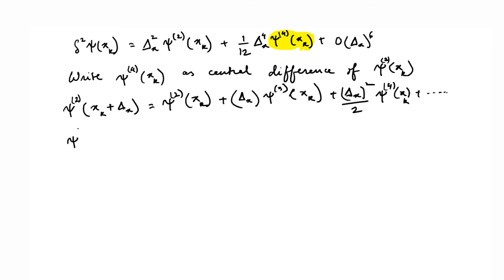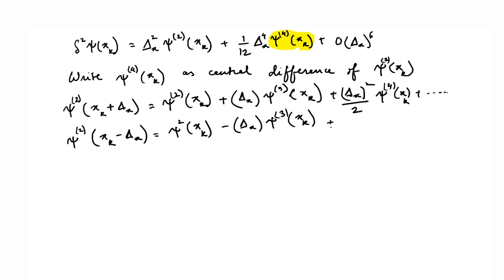Similarly, we write psi 2 at x_k minus delta x, that is at the k minus 1th point of my grid, as psi 2 x_k. Now, the first term will be a negative one, minus delta x psi 3 x_k, plus delta x squared by 2 psi 4 x_k.